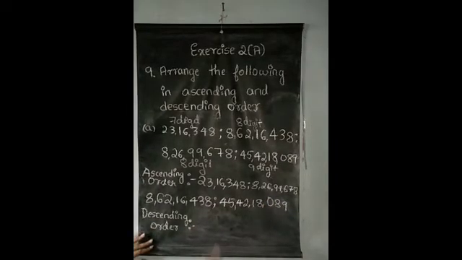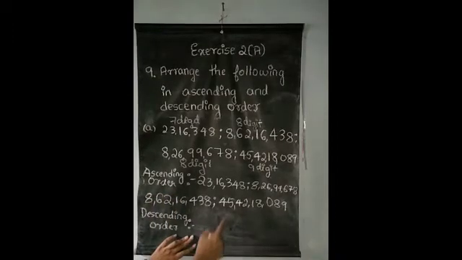Next we have to arrange these numbers in descending order. What do you mean by descending order? Descending order means from largest number to smallest number. It is just the reverse of the ascending order.